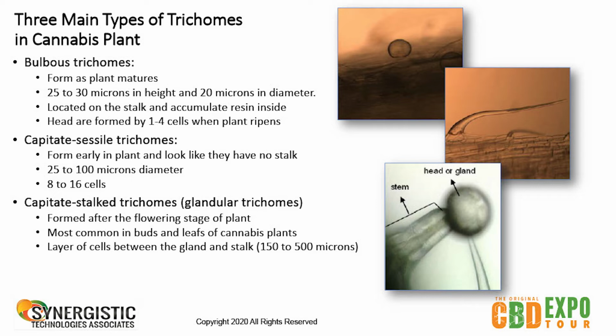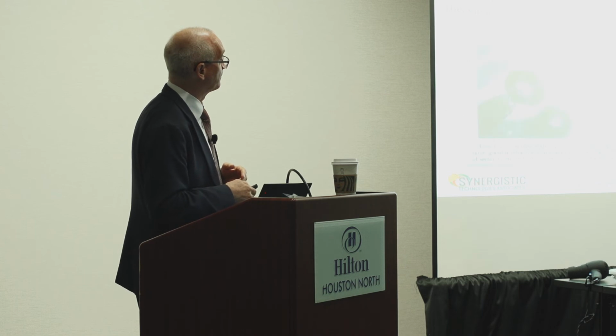The first ones are very, very small. There's not much in them. They're just another means of getting the biosynthesis. The capitate sessile trichomes are like little spears, and there's not much in those. Then you have the capitate stalk, where you can see a big bulb up on top. Those are where the cannabinoids are.